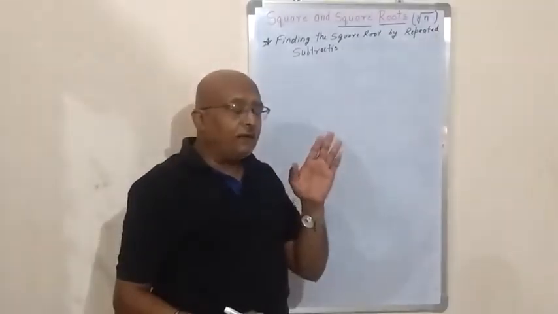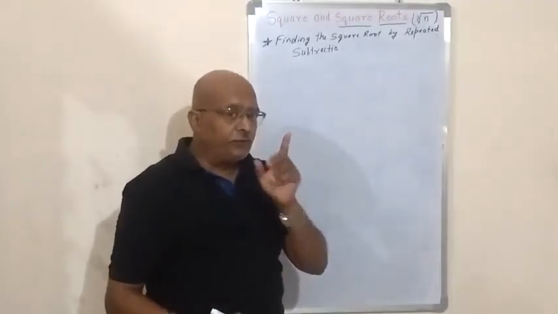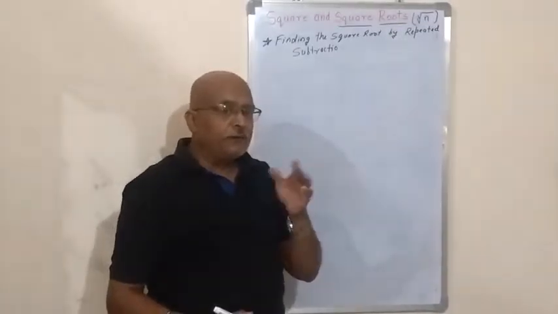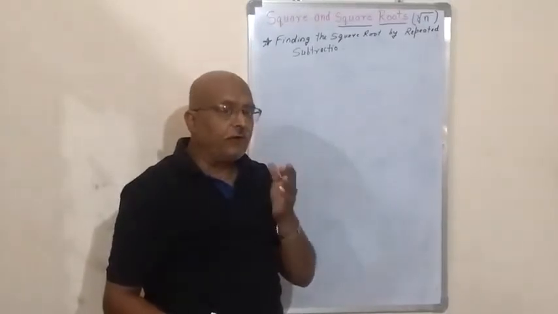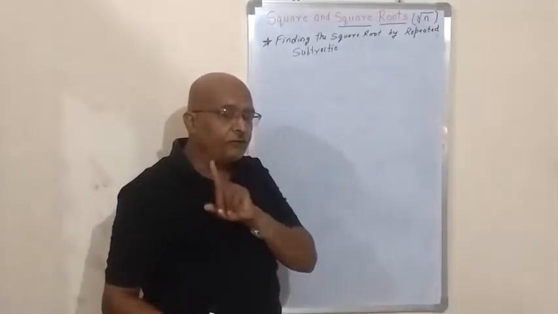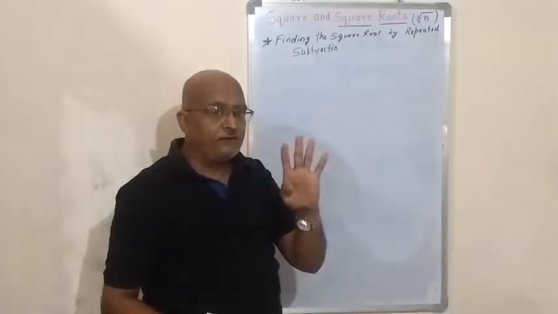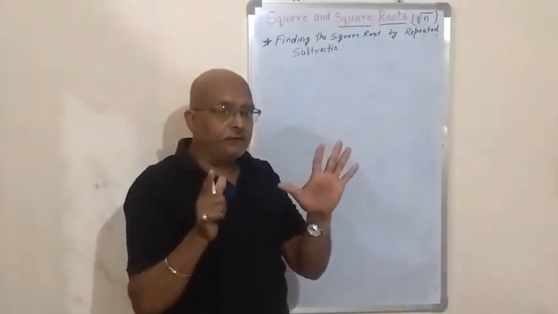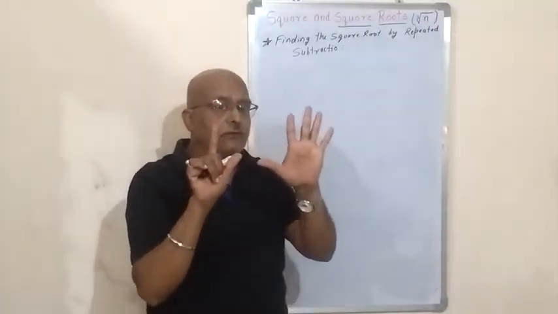There we add consecutive odd numbers starting from 1 to find the square of a number. If I want to find the square of 7, I take the first 7 odd numbers, that is 1, 3, 5, 7, 9, 11 and 13, and when I add these 7 numbers, I get the square of 7.